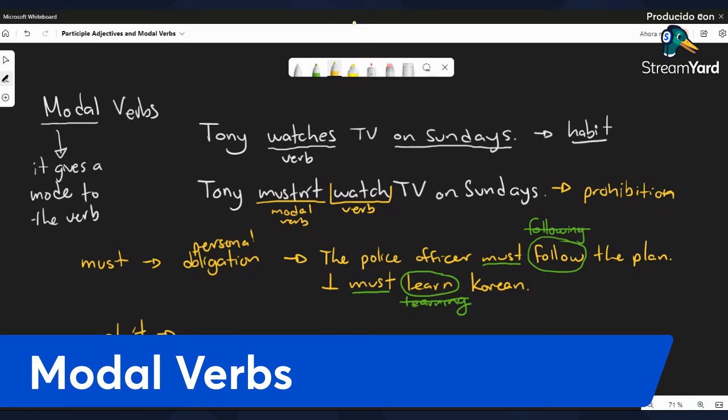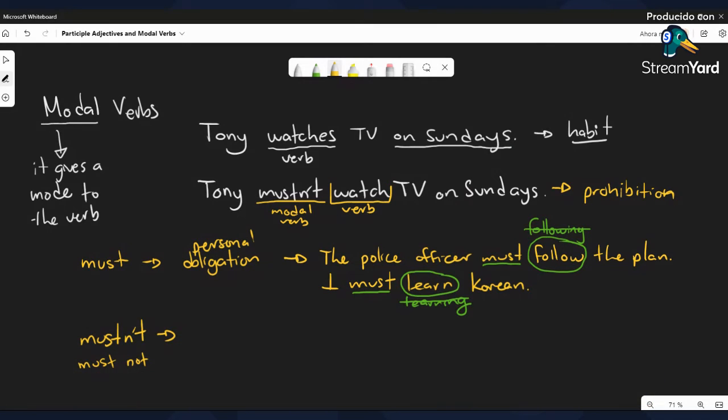Just be careful, because some people might confuse it with must as in the superlative forms, and it's not the superlative form. It's must, a modal verb. So what does this express? As you can see, the mode that it gives to the verb is a prohibition, as we already saw in the previous example.